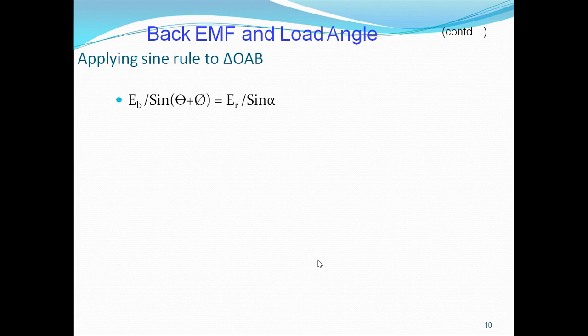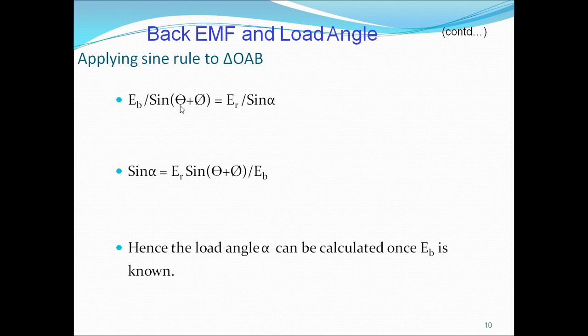So next, calculation of load angle. We have to apply the sine rule. That is EB by sine theta plus phi is equal to ER by sine alpha. So from this, sine alpha is equal to ER into sine theta plus phi by EB.